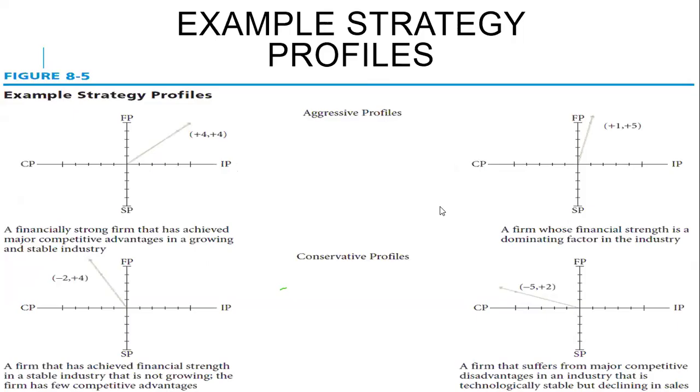you will end up having graphs like this. And any quadrant that you fall within, as far as the plotting of the coordinates is concerned, will also recommend whether you are supposed to use integrative strategies, aggressive strategies, defensive strategies, or diversification strategies, right?